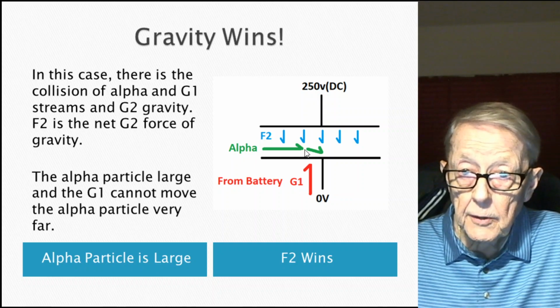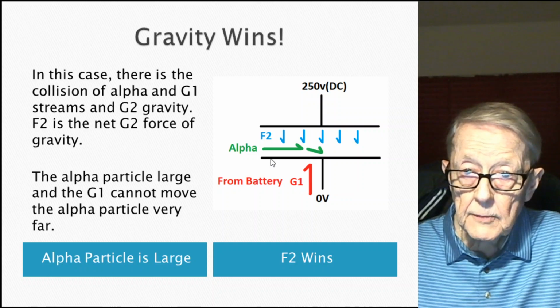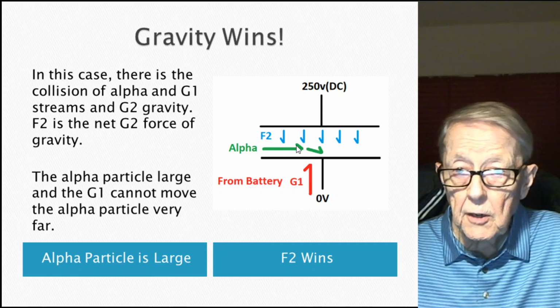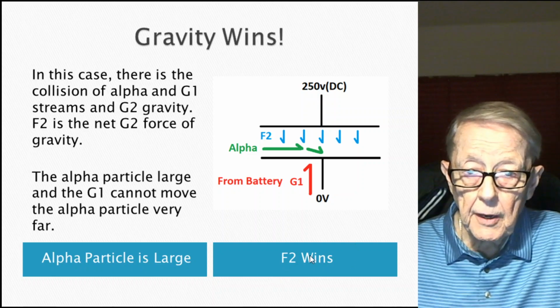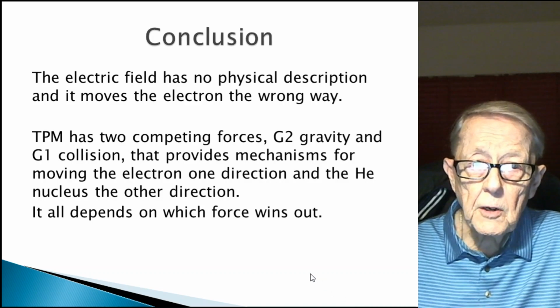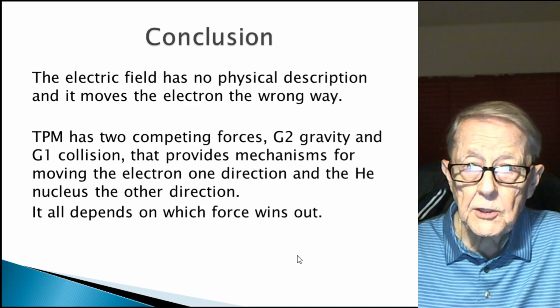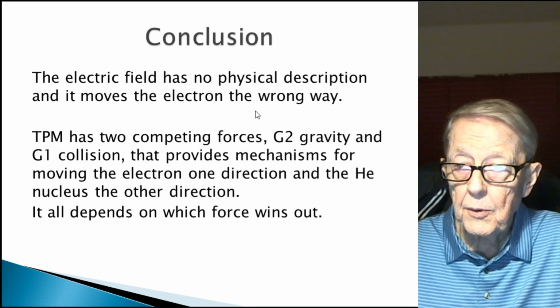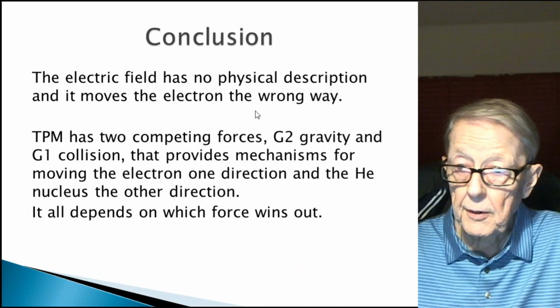So yes, there's some motion there. But in this case, the F2 force dominates and causes it to go down. The F2 force wins. So the conclusion is the electric field has no physical description, and it moves the electron the wrong way, and moves the alpha particle the right way.